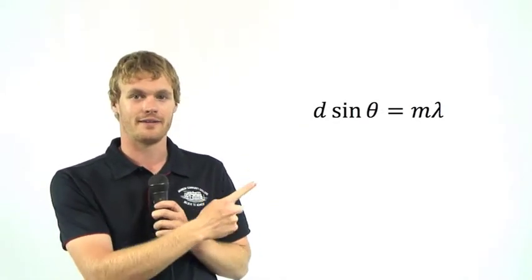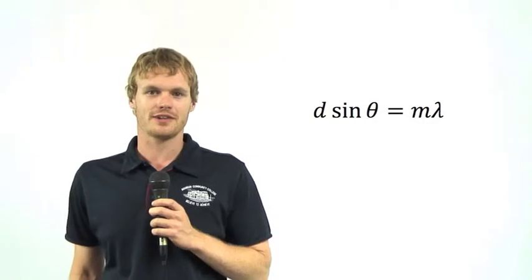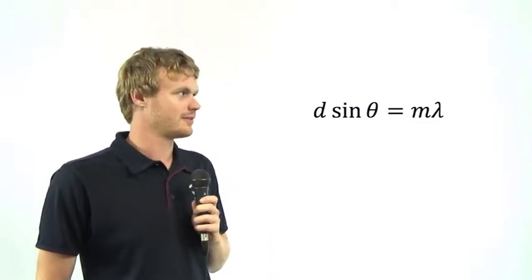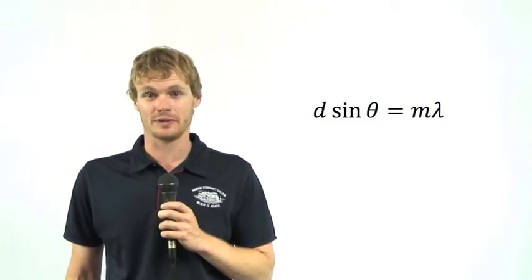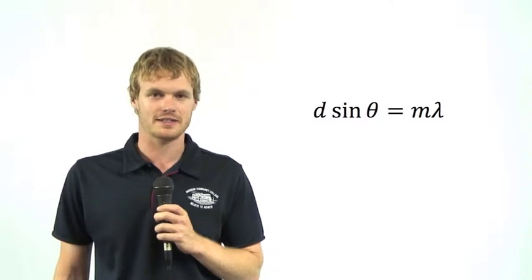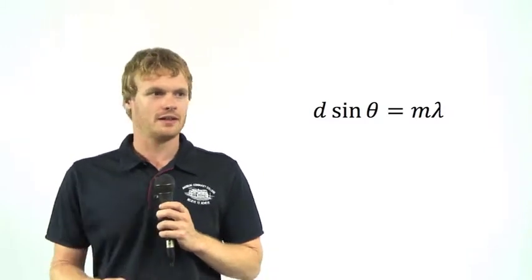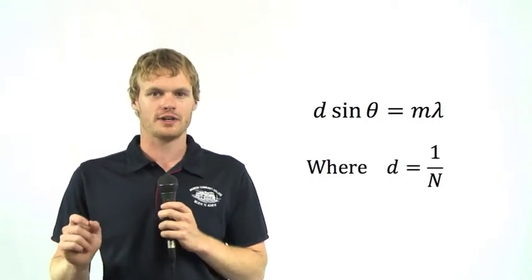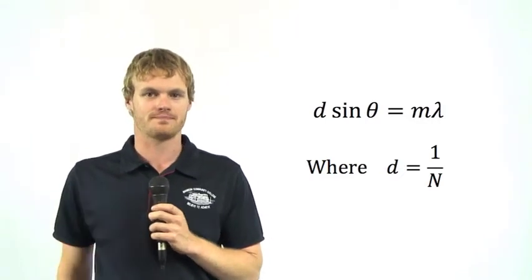We'll need to know the formula. d sin theta is equal to m lambda. This is the same as the other formula that you derived, and you derive this in the exact same way, but our d is going to be 1 divided by the number of slits.